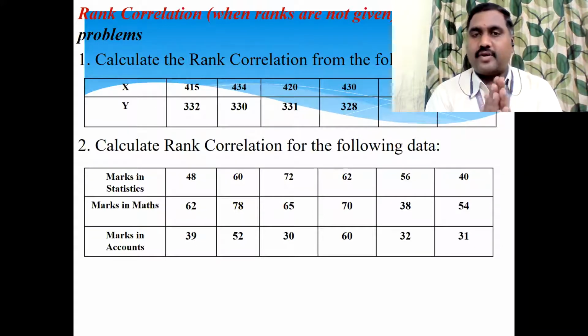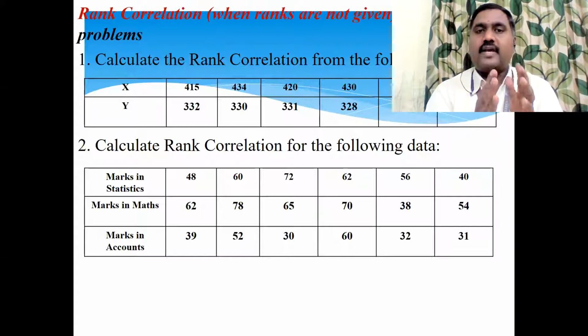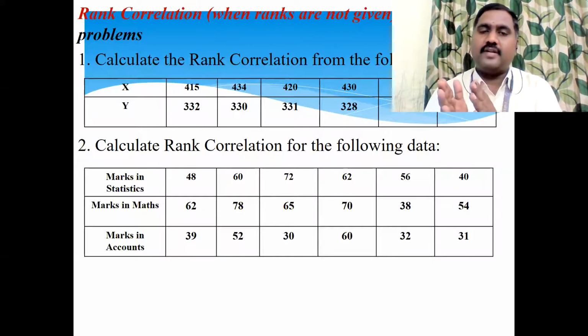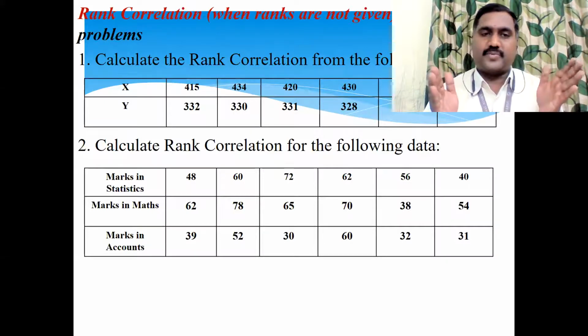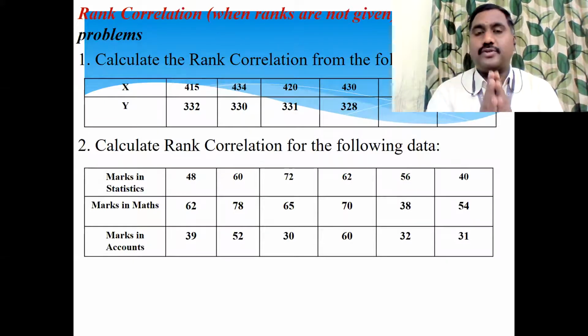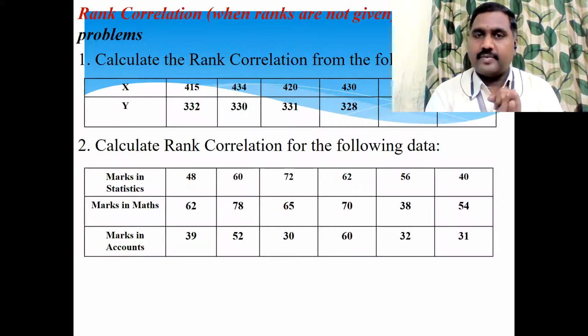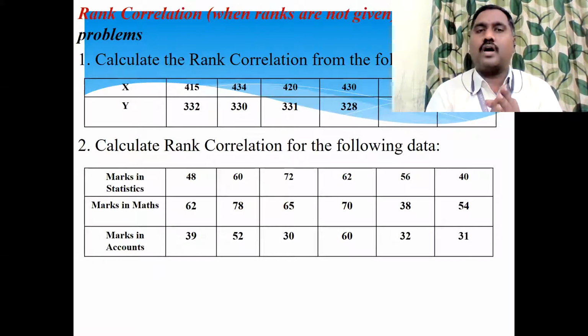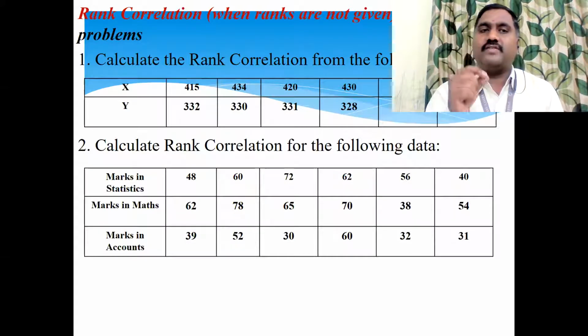But if it is three variables, you have to find the d square value for the first and second variable, for the second and third variable, and for the third and first variable. Those combinations you need to work out, and find the three R values: the correlation coefficient for the first and second variable, second and third variable, and third and first variable, R12, R23, R31. So please note down this difference.